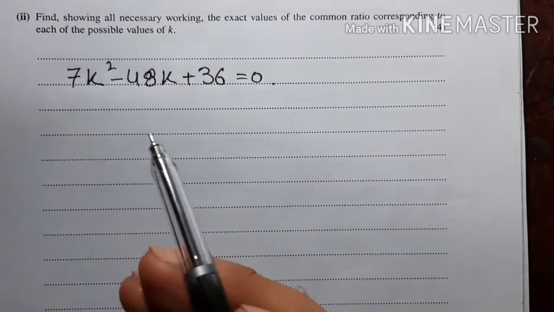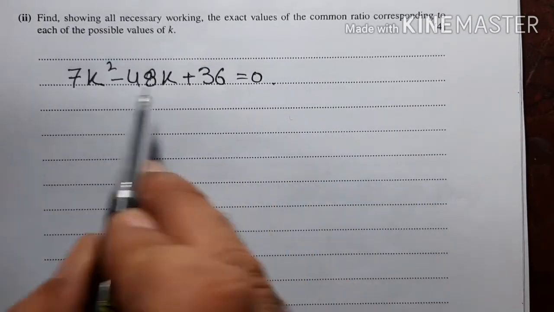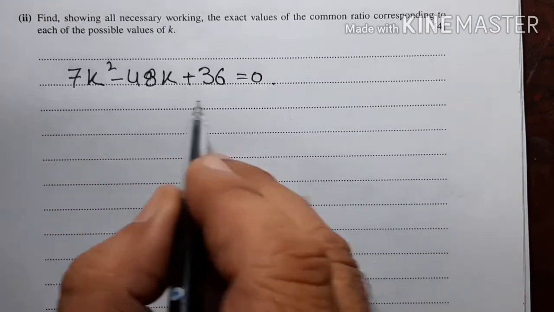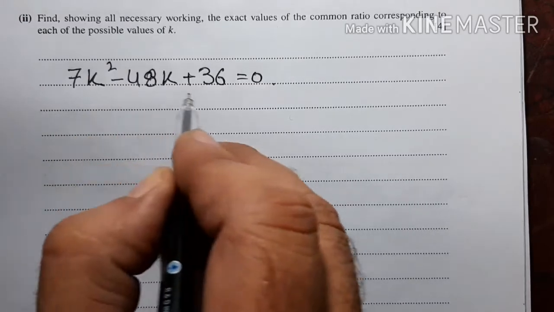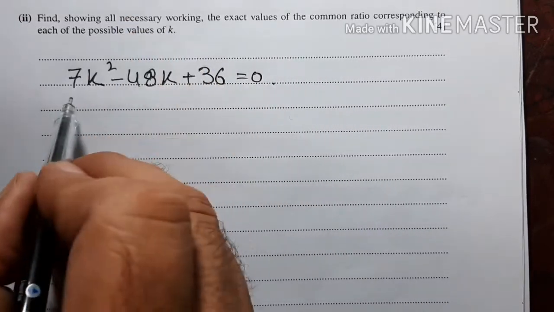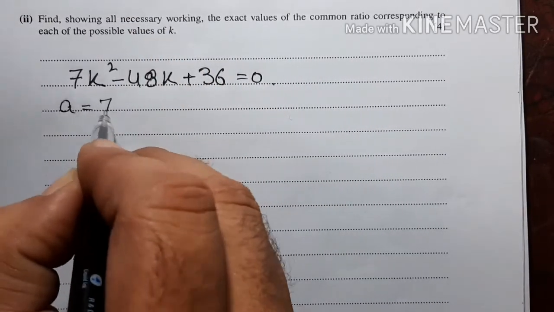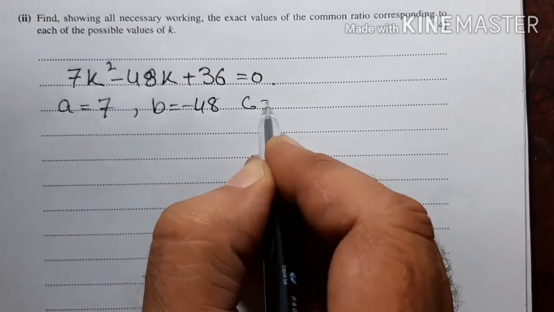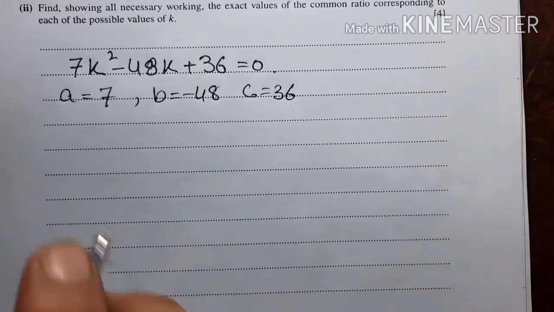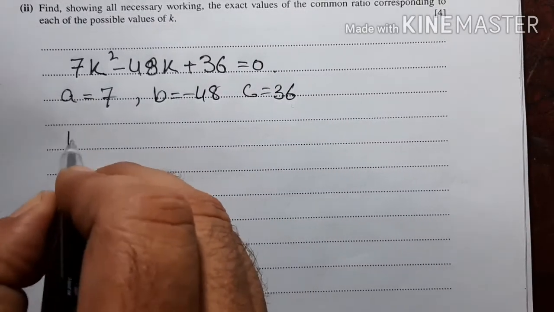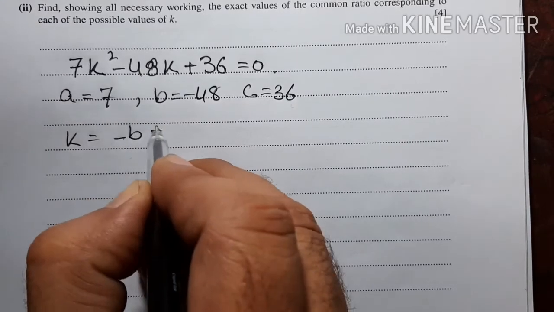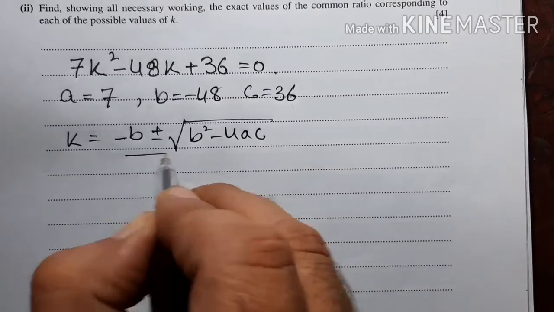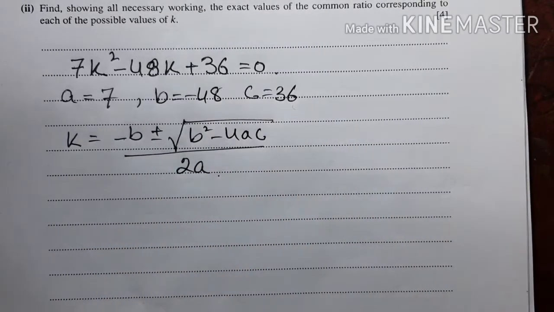You can use a couple of methods like the middle term break method, completing the square method, or the quadratic formula, because this is a quadratic equation. I'll use the quadratic formula because these are slightly higher values. So A is 7, B is minus 48, and C is 36. The quadratic formula is k is equal to minus B plus minus square root of B square minus 4AC over 2A.